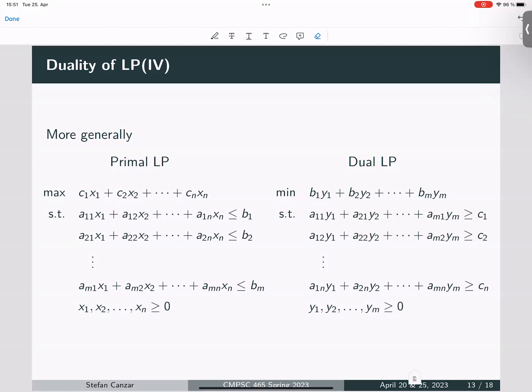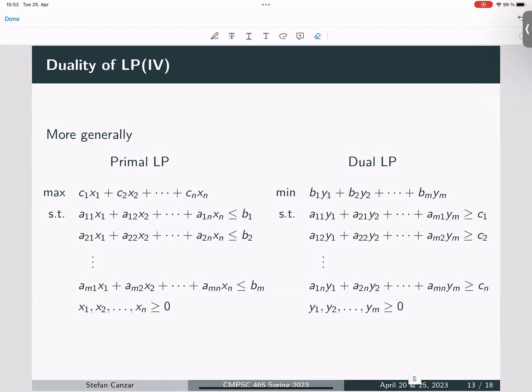And then I'm simply doing the same thing for the right-hand side. And I want this right-hand side times my coefficients to be minimized. This is the objective of my dual linear program. So the dual linear program objective is just the right-hand side, taking the linear combination multiplied by the y coefficients.